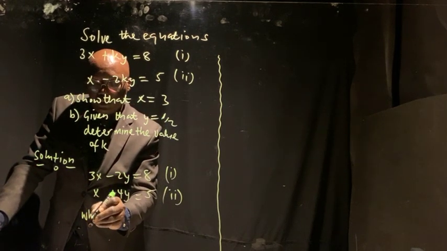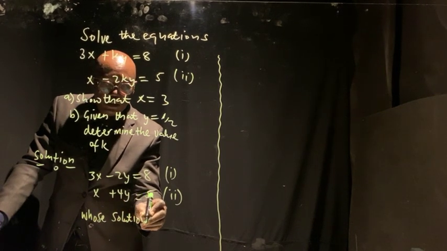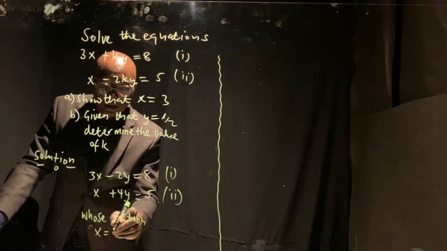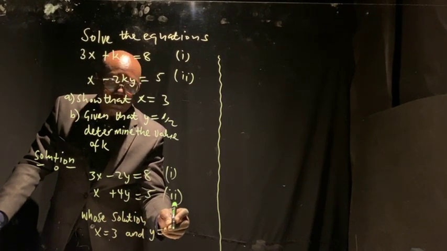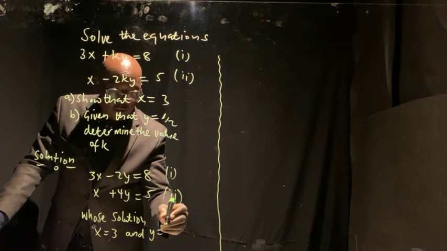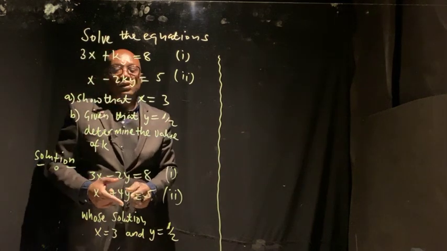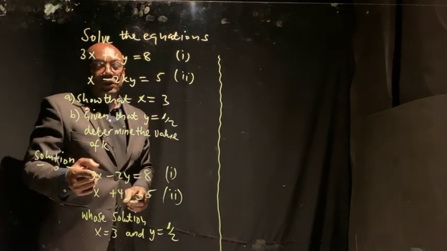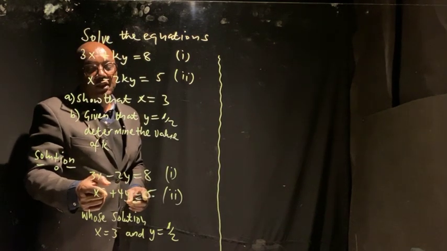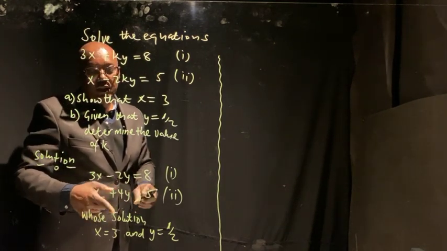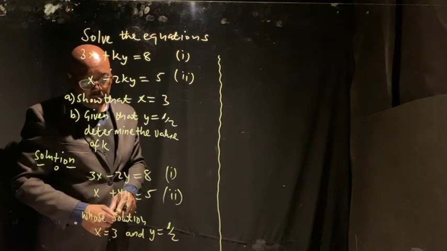Whose solution is known to be x equals 3 and y equal half. So the coordinates of the point of intersection between the two lines, 3x minus 2y equals 8, and the second line, x plus 4y equals 5, is where x equals 3 and y equals half.